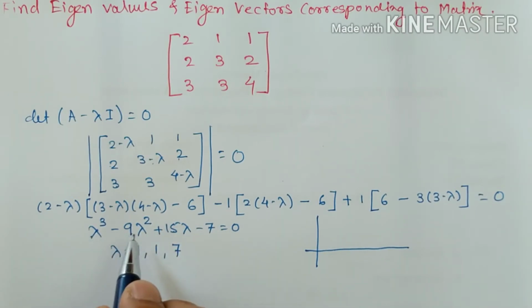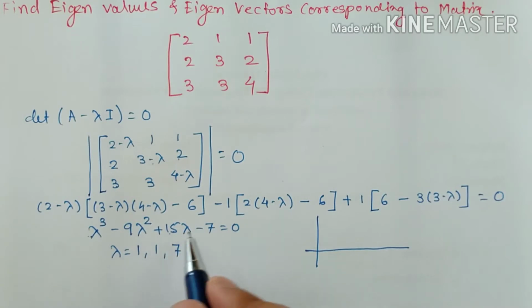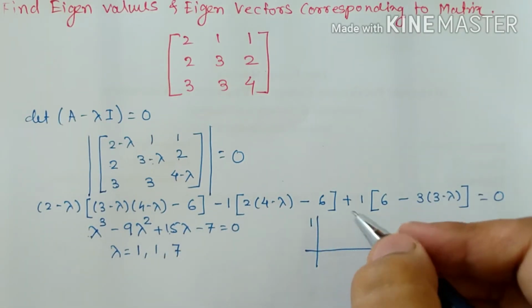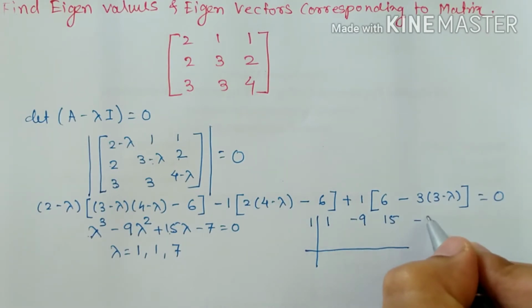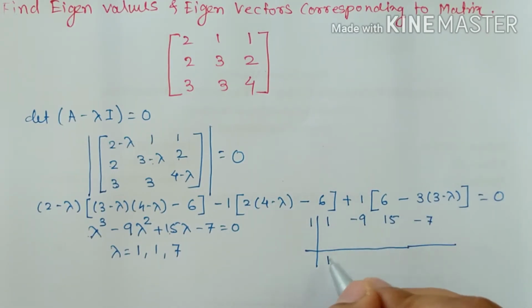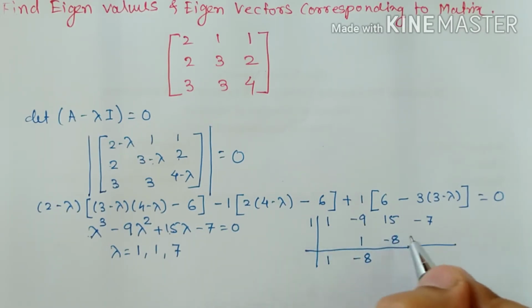Minus 9 plus 1 is minus 8, minus 8 plus 15 gives plus 7, and 7 minus 7 gives 0. So 1 is the divisor, and the remainder is 0.